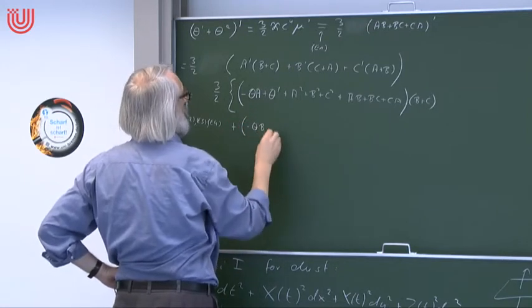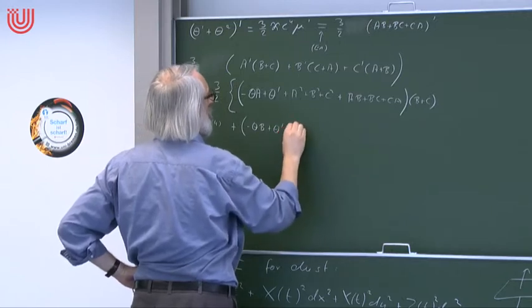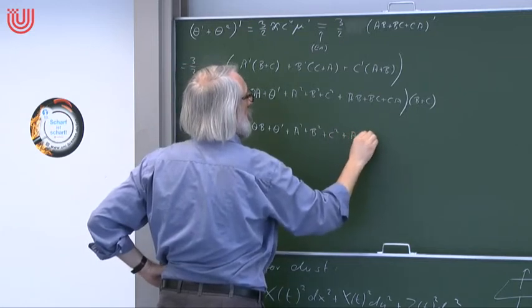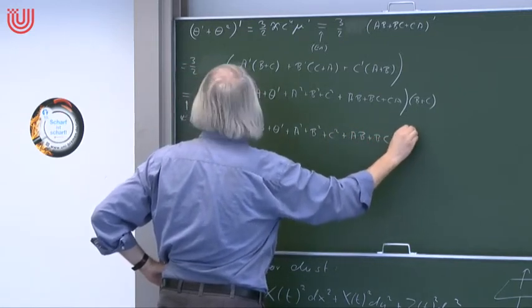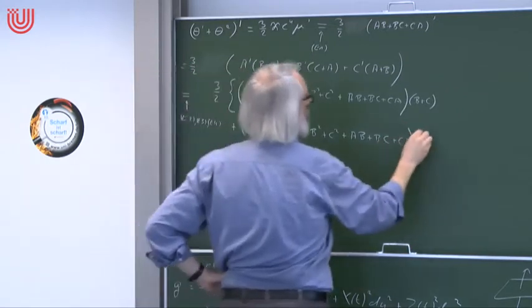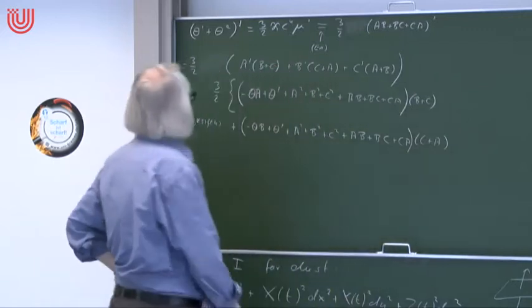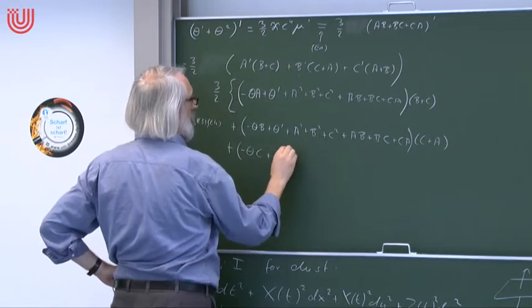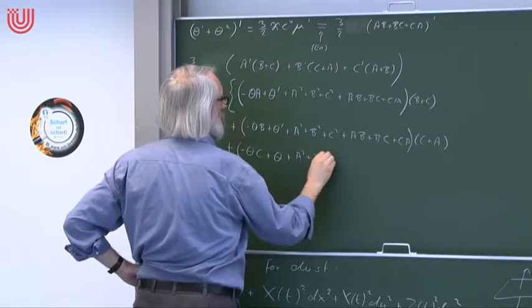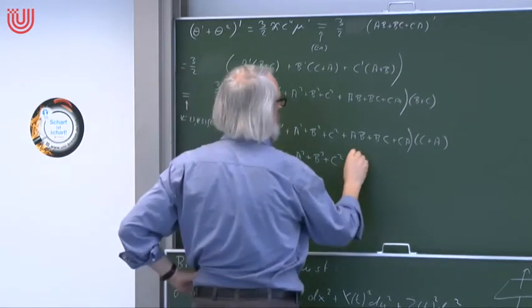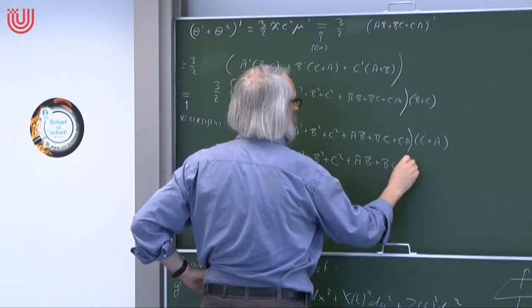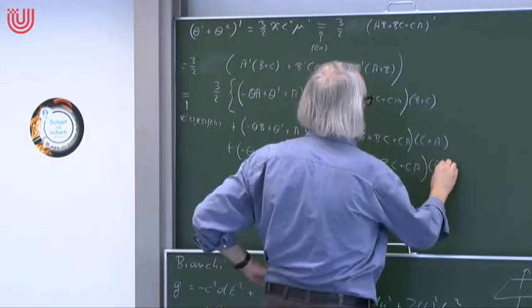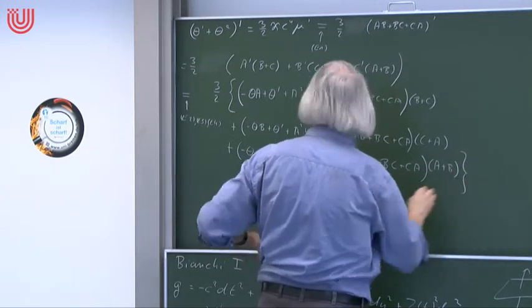This gives minus theta B plus theta prime plus A squared plus B squared plus C squared plus AB plus BC plus CA times C plus A. And the last one, minus theta C plus theta prime plus A squared plus B squared plus C squared plus AB plus BC plus CA times A plus B. And the bracket closed.